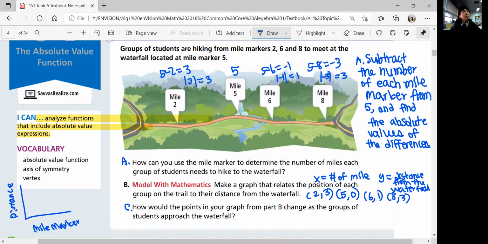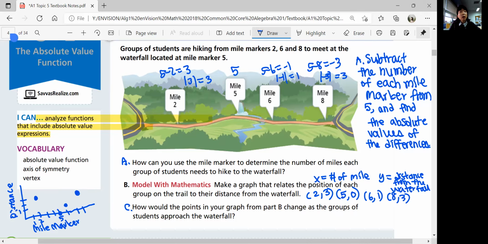These are the points you should have in the graph of part B.